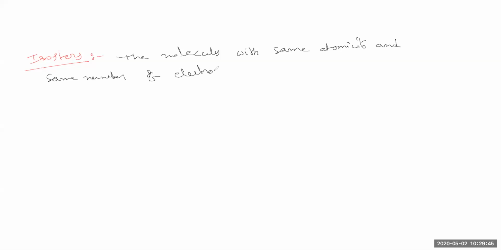The molecules with the same atomicity and the same number of electrons are called isostars.